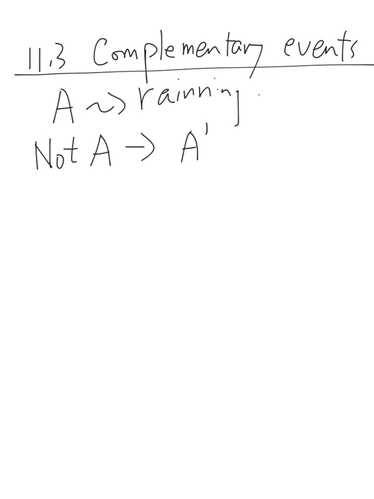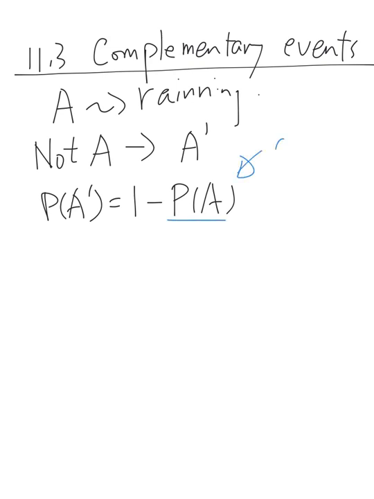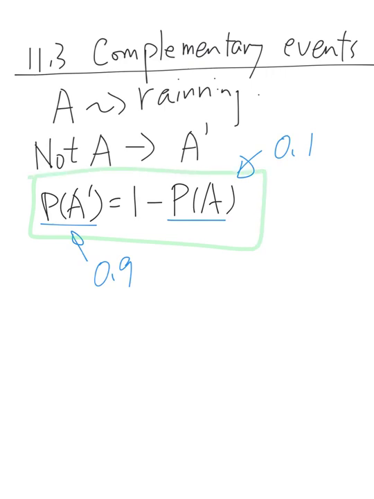So then the probability of not winning is 1 minus the probability of winning. Imagine that the probability of winning today is very low, let's say it's 0.1. So then you find out that the probability of not winning is 0.9. Okay, so this is a very important concept in probability to help you solve some difficult probability problems.